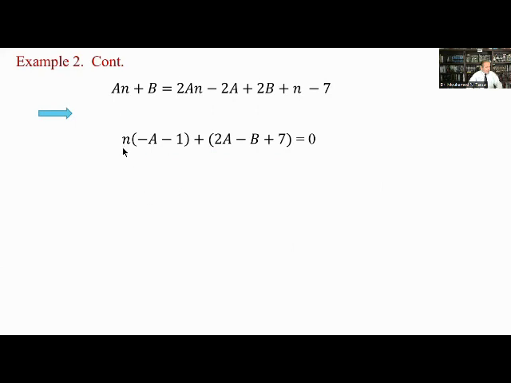and I put the coefficient of n is -a - 1, and then the constants are 2a. This becomes 2a - 2b + b, which is -b, plus 7 is equal to 0. When you want this equal to 0 for all n, you need to make this 0 and this 0. Okay.